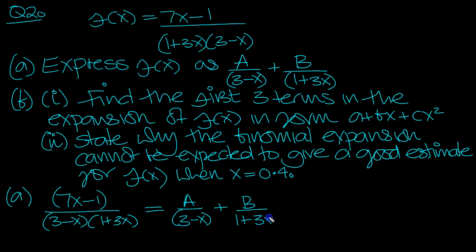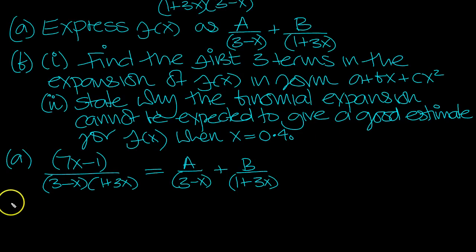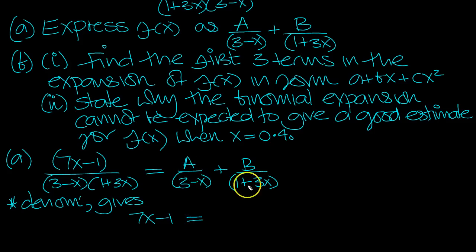So, multiplying by the denominator gives 7x minus 1 on the left, and then cross multiplying, a times 1 plus 3x, plus b times 3 minus x.